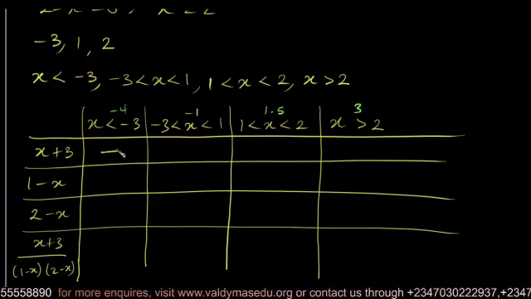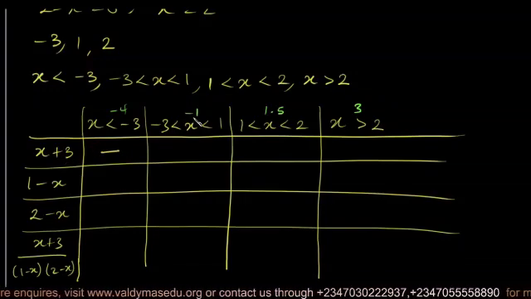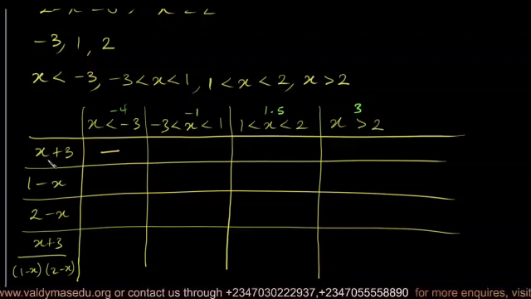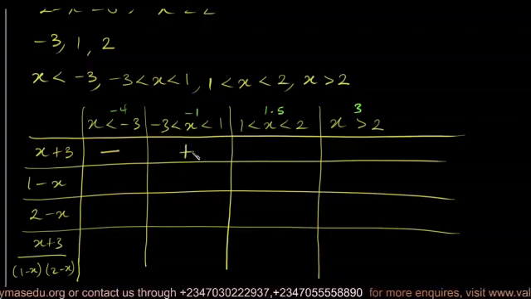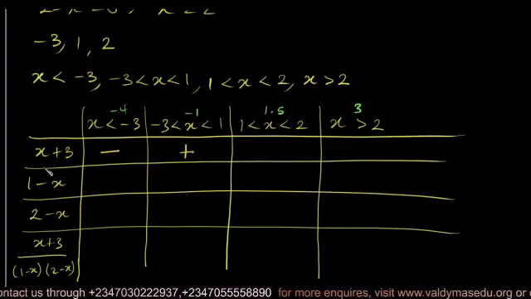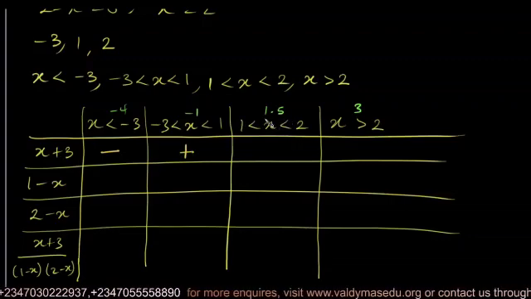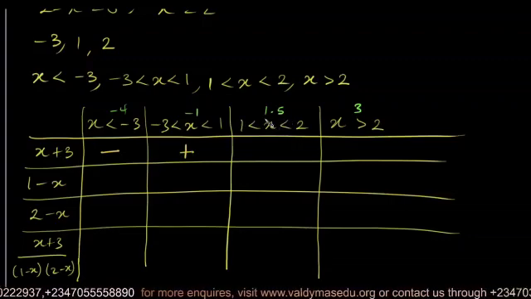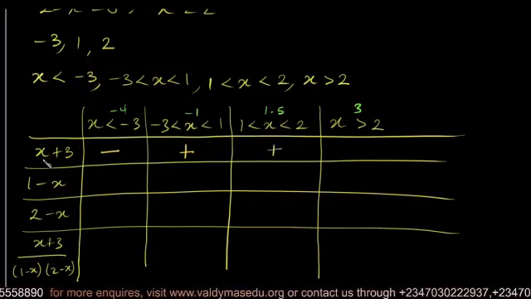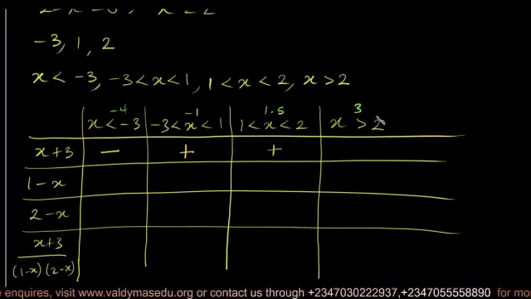The next one, x plus 3 when x is minus 1, that is minus 1 plus 3, you have a positive answer. You write positive. The next one, x plus 3 when x is 1.5, gives you a positive answer. x plus 3 when x is 3 will give you a positive answer.